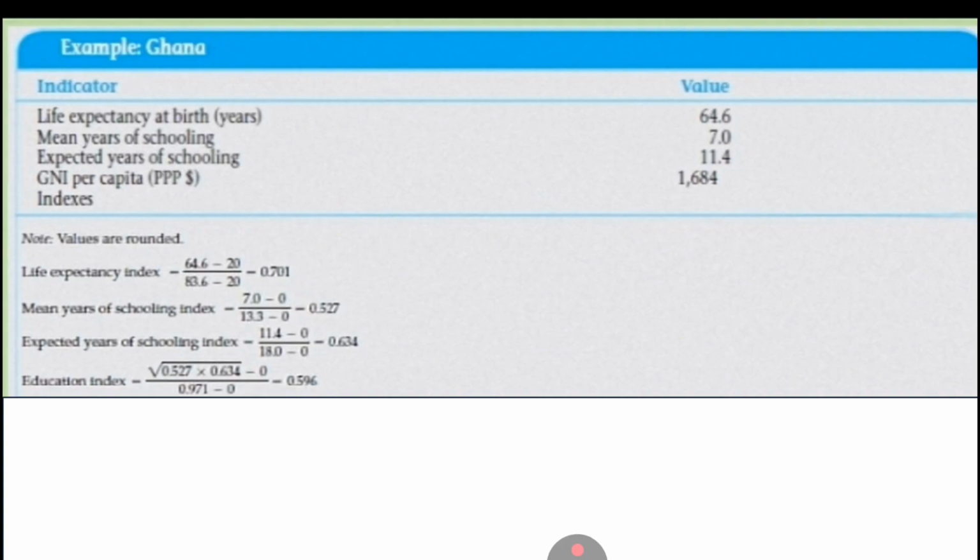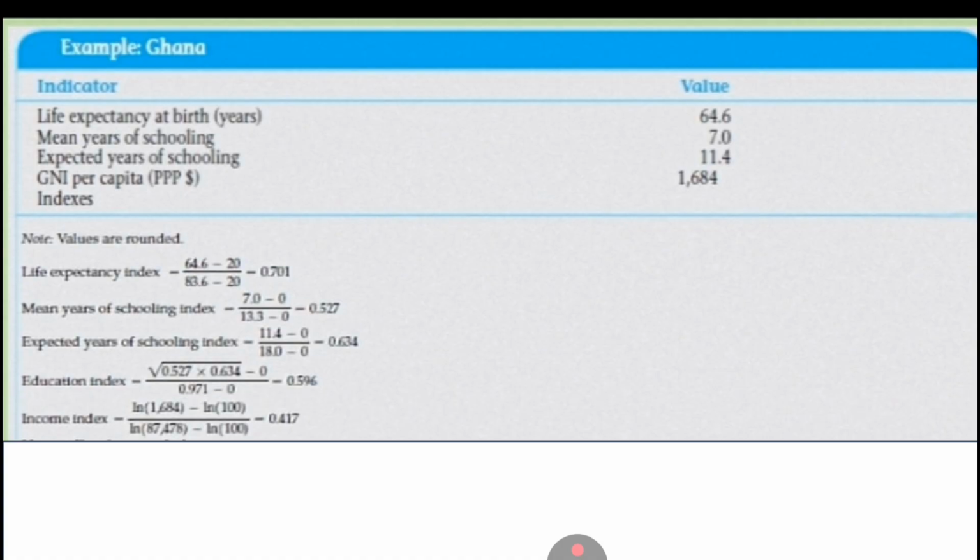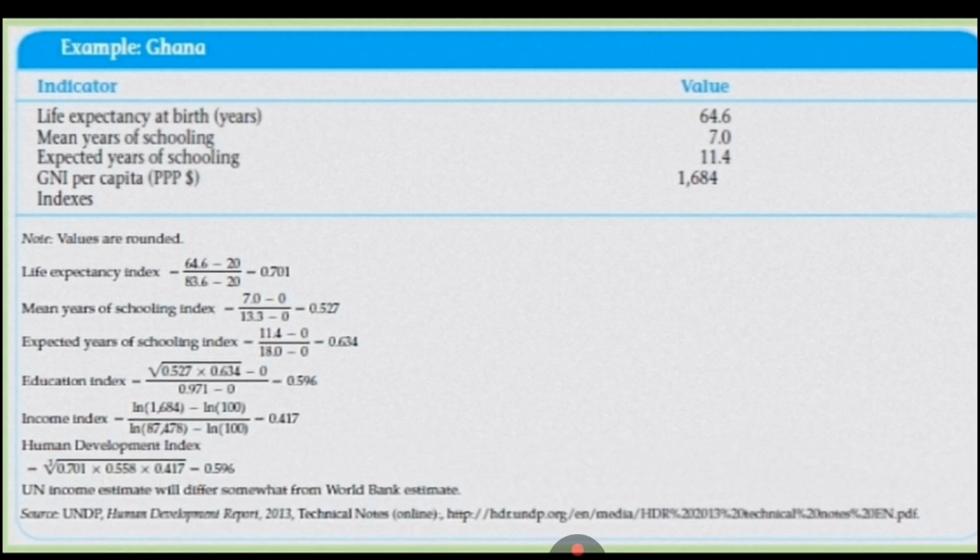Next is the expected years of schooling index, which is 0.634, and then the education index we get is 0.5. Next is the income index. We use a logarithm in this index and we get 0.417, and then we calculate the Human Development Index, which is 0.9.